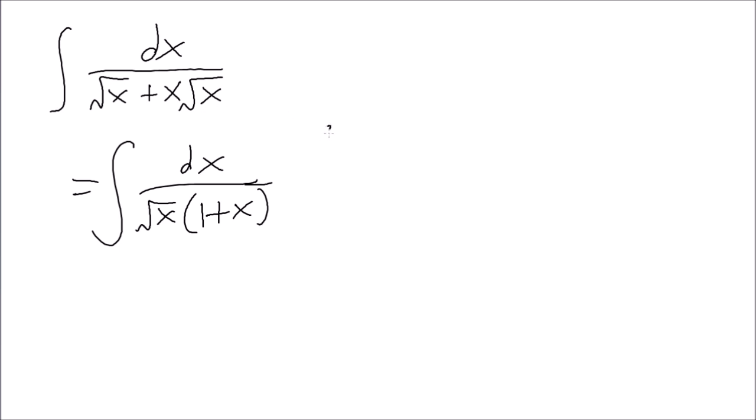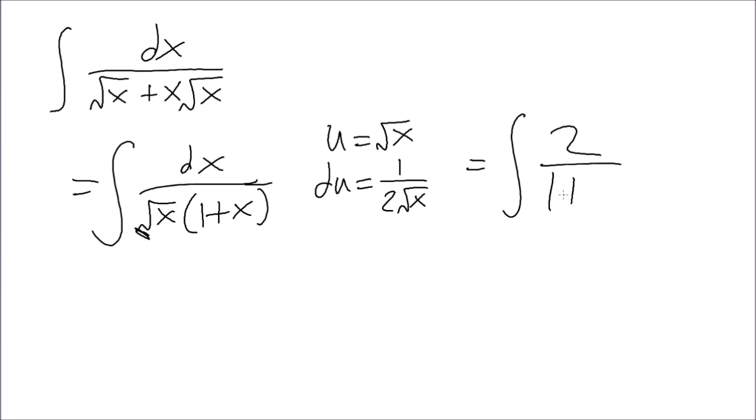Let u equal square root of x, because of this du will take care of that bottom root x. That's why I want to let u equal square root of x. And you start to realize this is just inverse tangent. So the answer is just 2 times the inverse tangent of the square root of x.